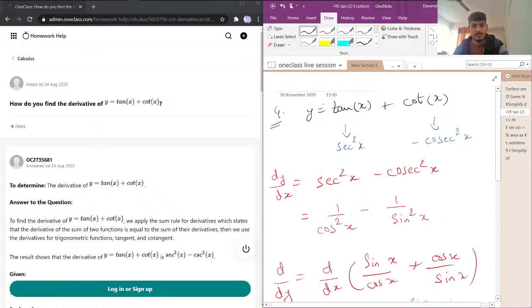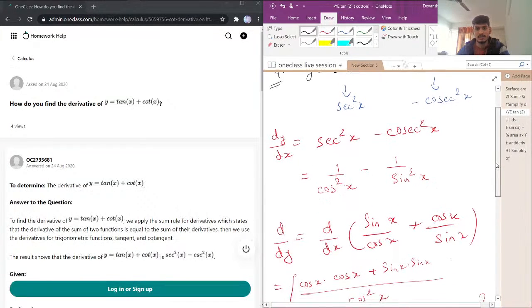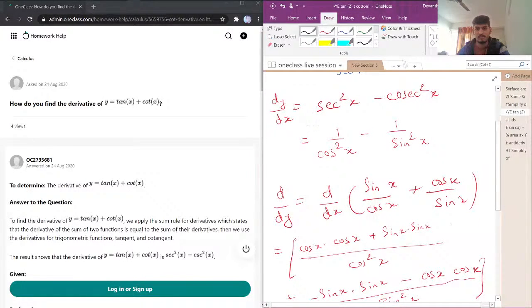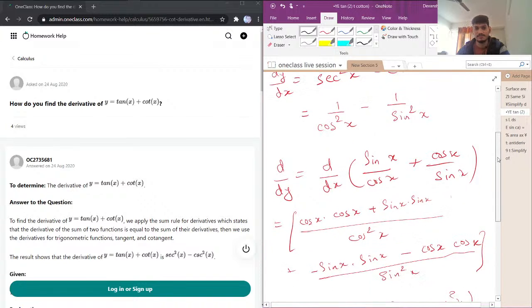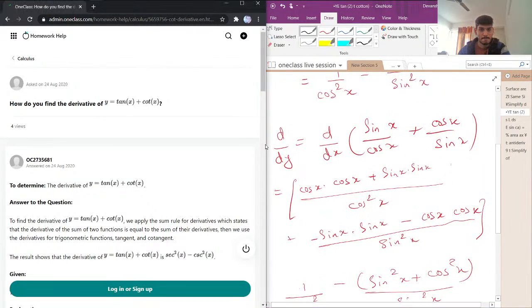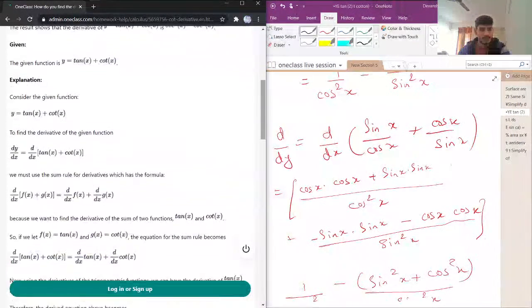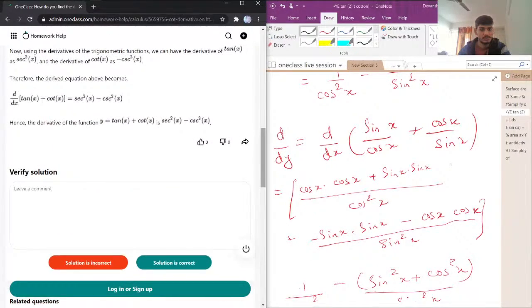The derivative of tangent of x plus cotangent of x is secant square x minus cosecant square x. This secant square x minus cosecant square x is the inverse of cosine square x minus the inverse of sine square x. Now let's see the final solution.